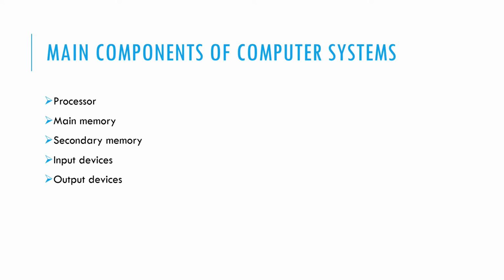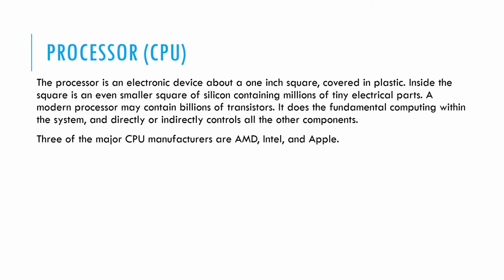These are the main components of a computer system: the processor, main memory, secondary memory, input devices, and output devices. Let's start with the processor. The processor is an electronic device about a 1-inch square covered in plastic.